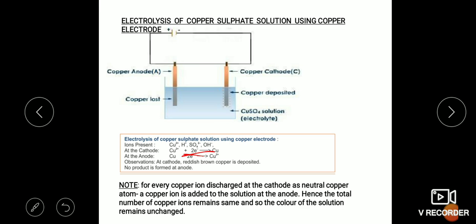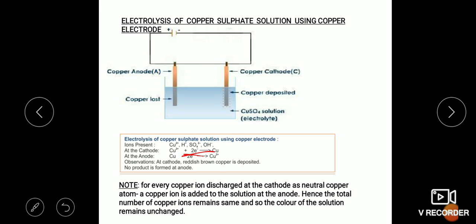So when copper metal from anode gets dissolved in the solution, it will give out 2 electrons, and these 2 electrons will be utilized by copper ions at cathode. So once the process of electrolysis starts, the anode will start becoming thinner and the cathode will start becoming thicker because of the deposition of copper.